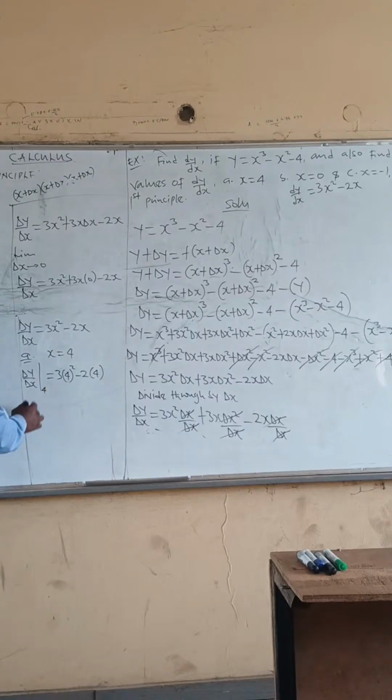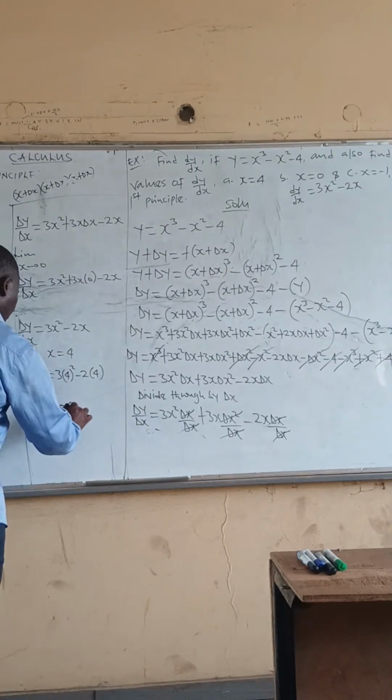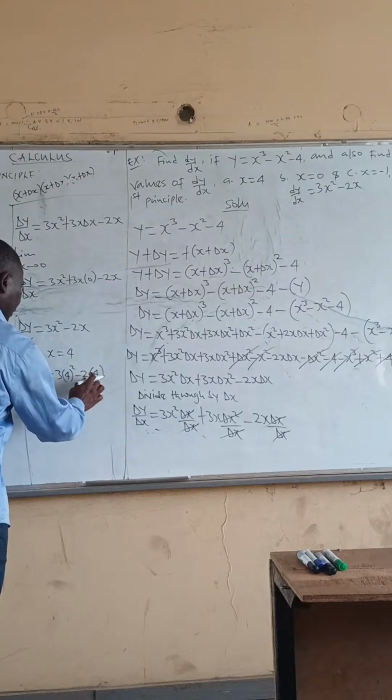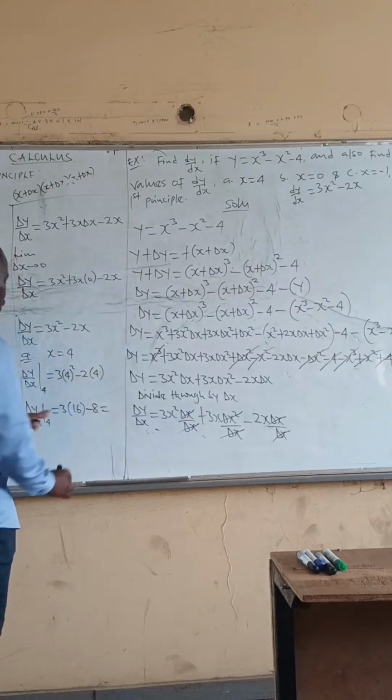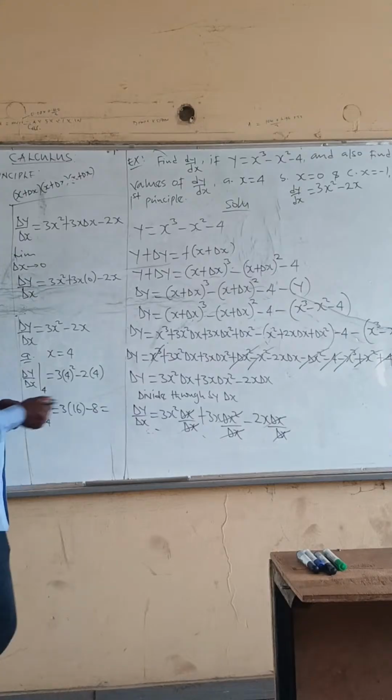Yes, sir. Then here our dy all over dx at 4 is equals to 3 open bracket 16 minus 8. What should be the answer? Press your calculator. 40, right?